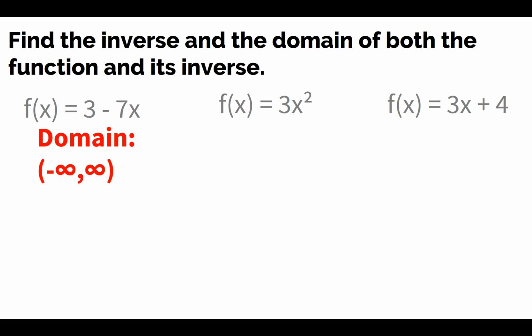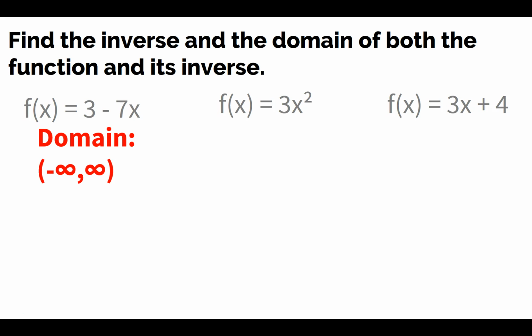If it's a line, it'll be that again, right? But let's figure out what that inverse equation is going to be. So it's y equals 3 minus 7x. So switch my x and y to do x equals 3 minus 7y. Then what? Subtract the 3.